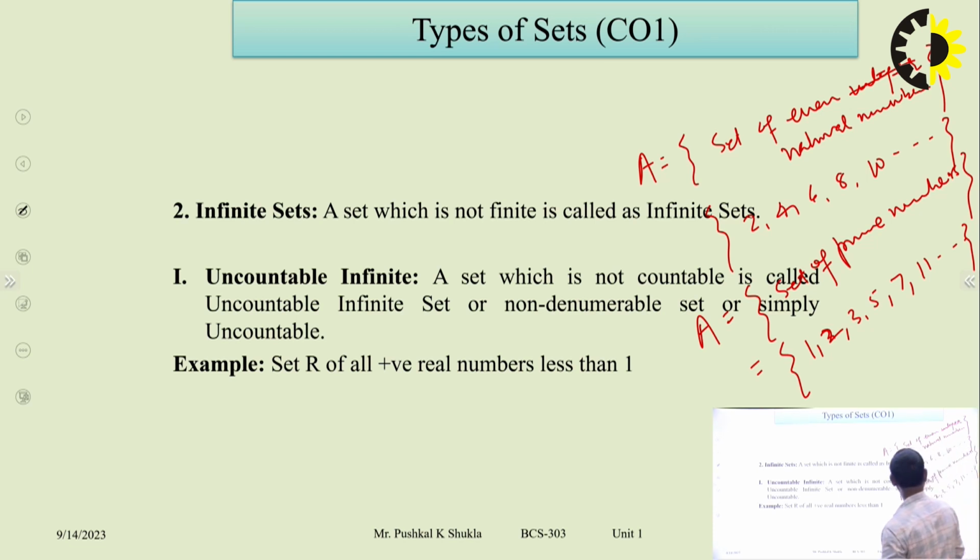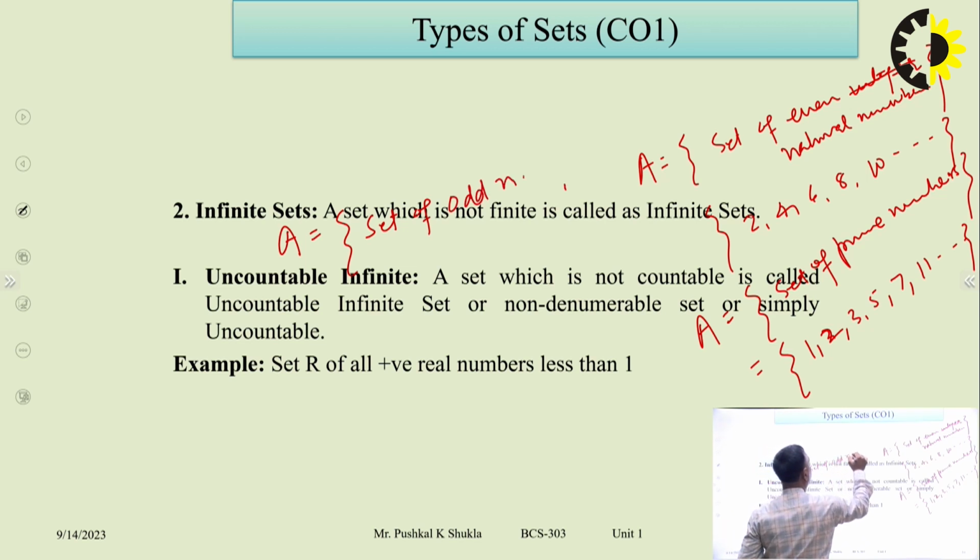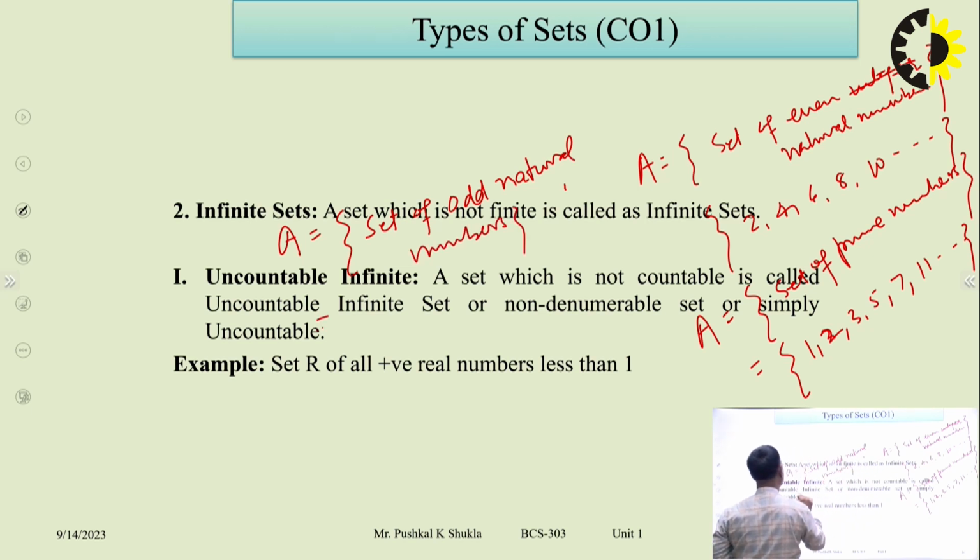The set of odd natural numbers, this equal to 1, 3, 5, 7, 9 and so on. So all these are examples of infinite sets.